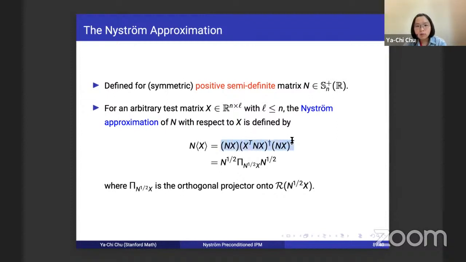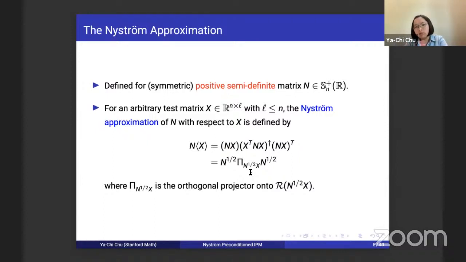It might be a little weird at first glance, but if we remember the formula for the orthogonal projector onto a subspace, then this Nystrom approximation can be written as an orthogonal projection onto the range of N to the half, the subspace spanned by X. So we have an L-dimensional subspace in R^n spanned by X, and then we apply N to the half on it.